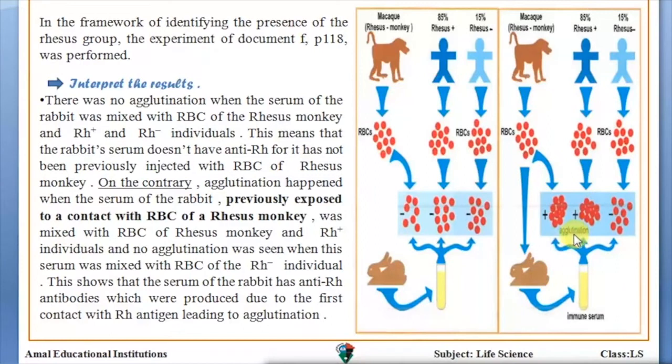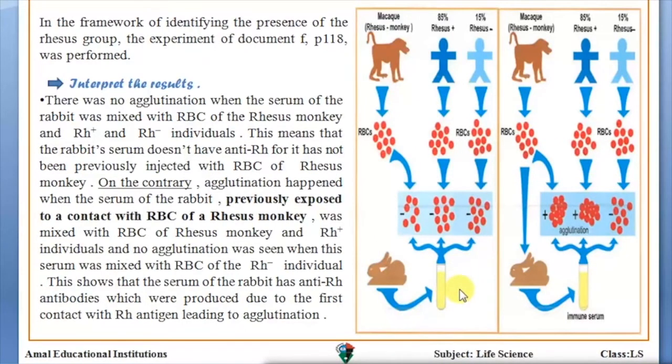Agglutination has happened in this case. That is, anti-Rh antibody should have bound to the Rh antigen found on the red blood cell. Now, where did the anti-Rh antibody come from? Since we are adding serum, this serum must have contained an anti-Rh antibody.